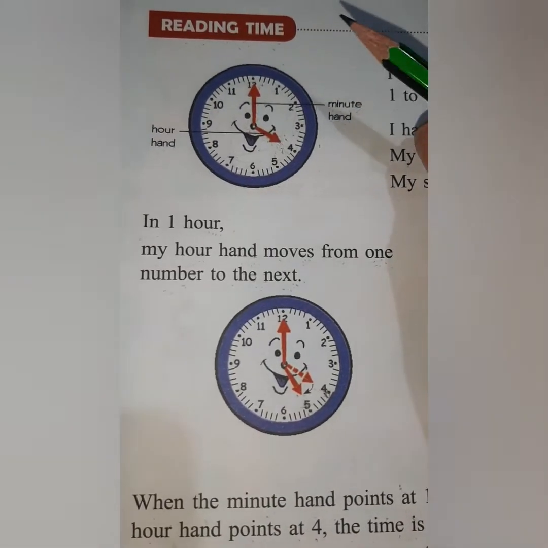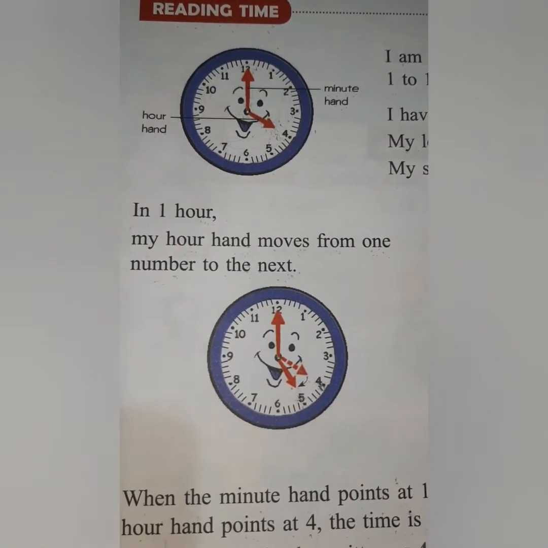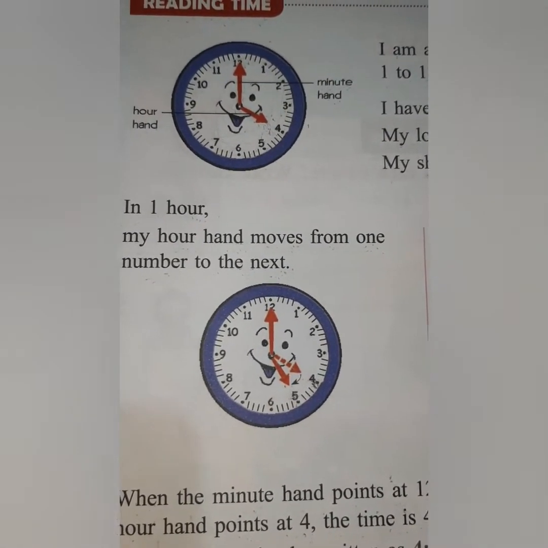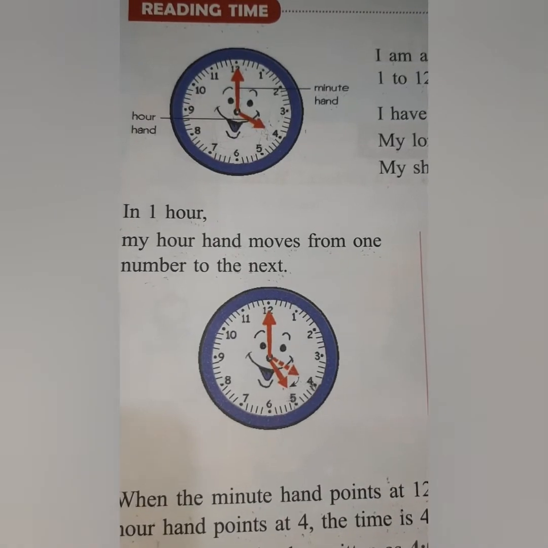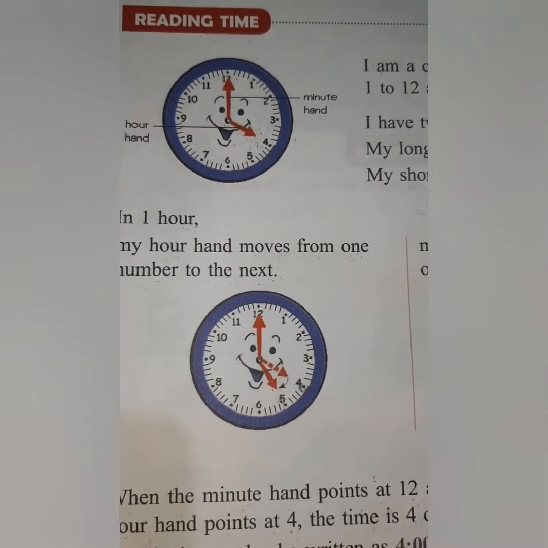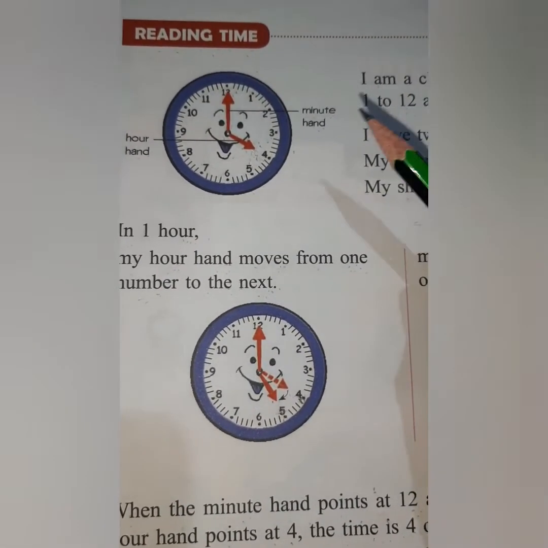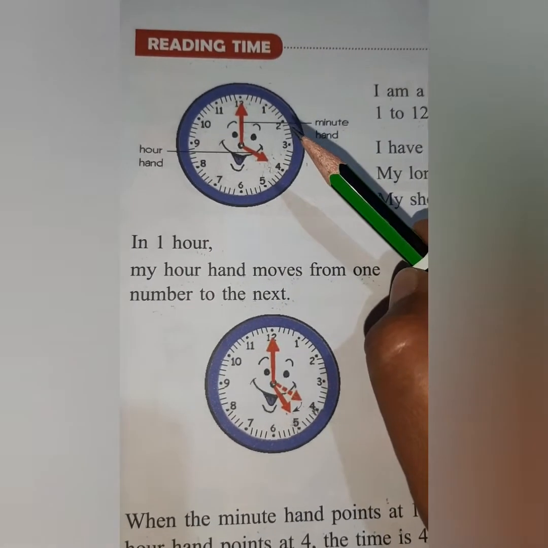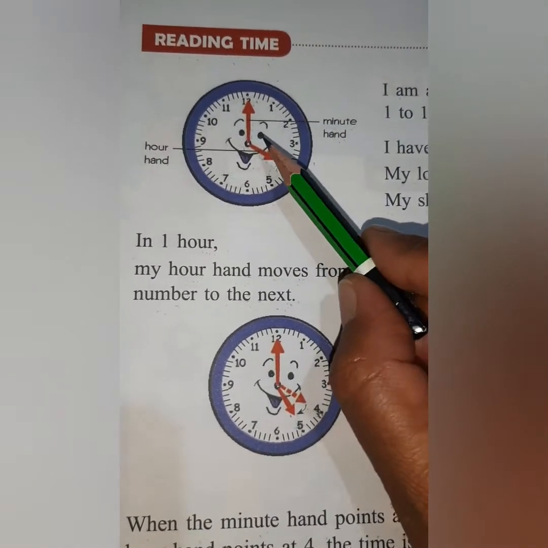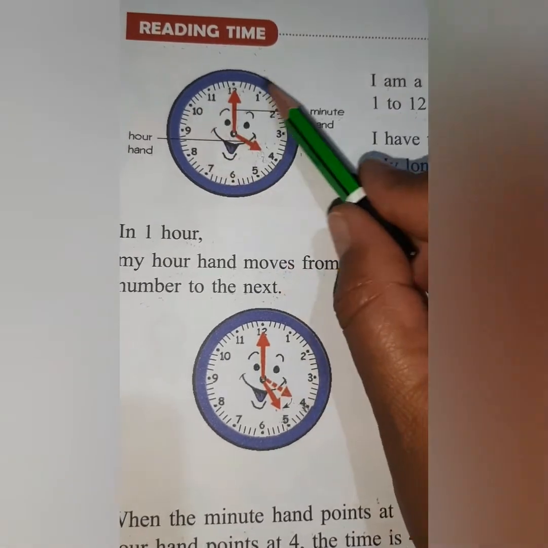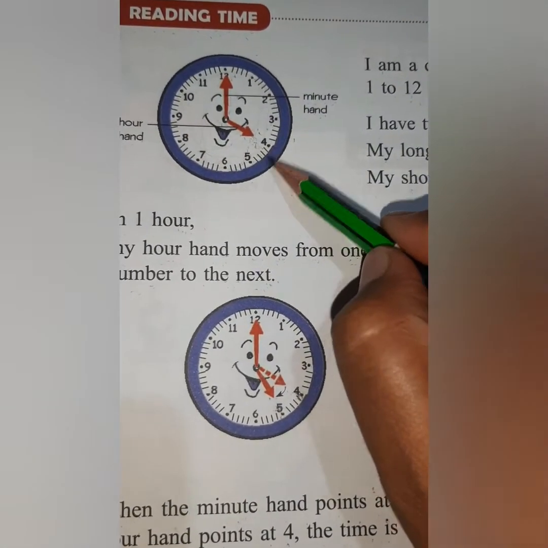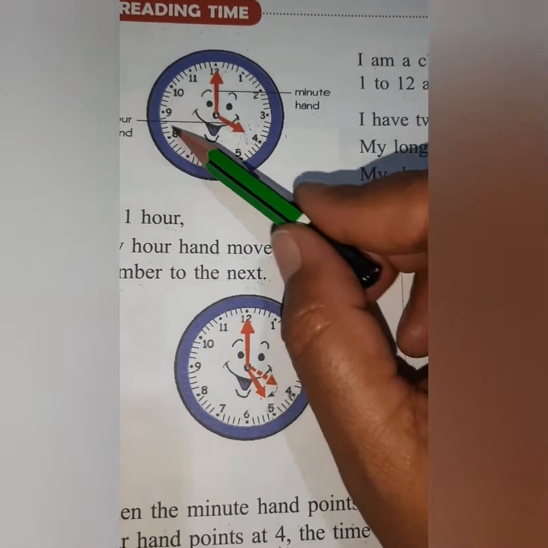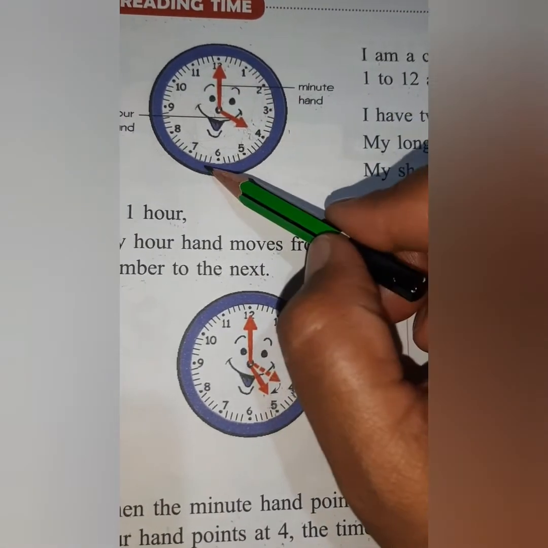So, children, last week you all learned that with the help of a clock or watch, we can read time. Okay, it tells us time. So, children, let us revise it once again. This is the face of a clock, and the numbers from 1 to 12 are written on its face.